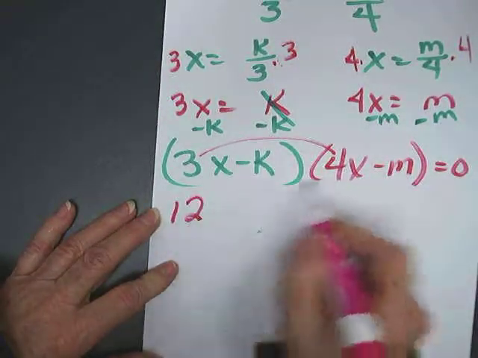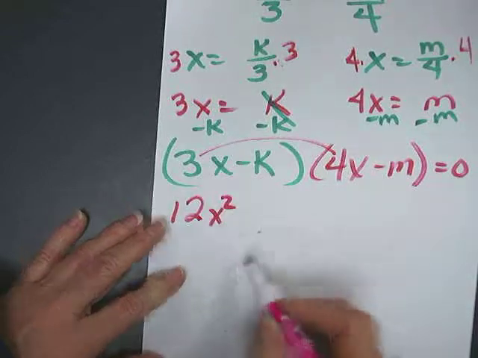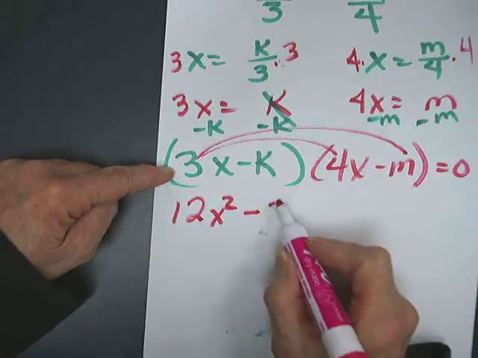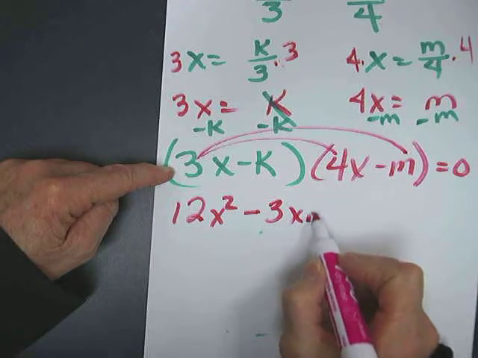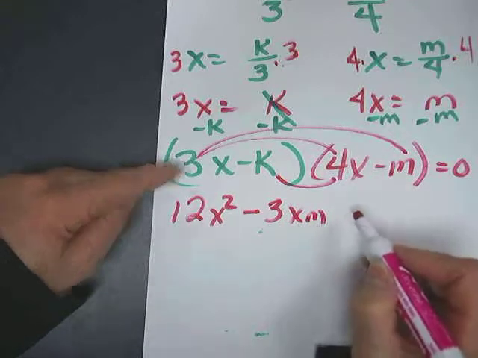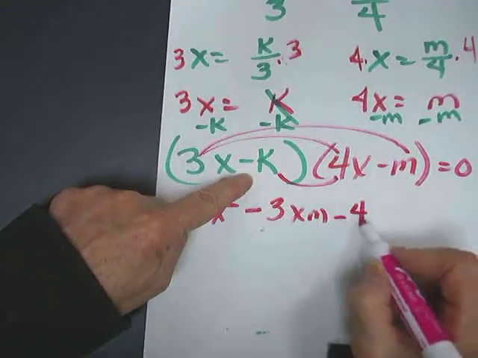Okay, and then this one, x equals m over 4. What do we do first? Times 4. 4x equals m, and then minus m. So we have 4x minus m.